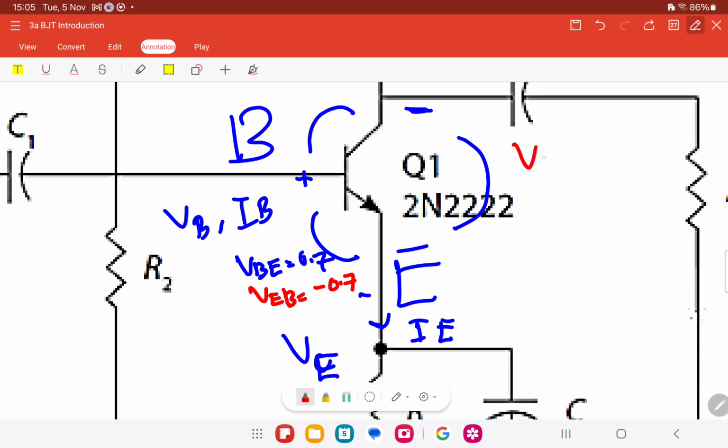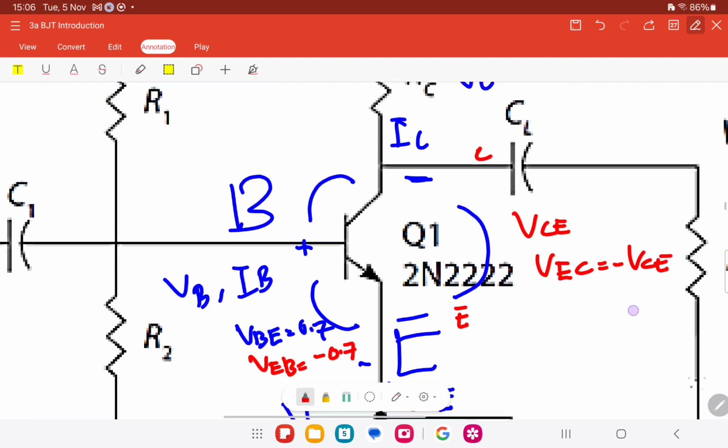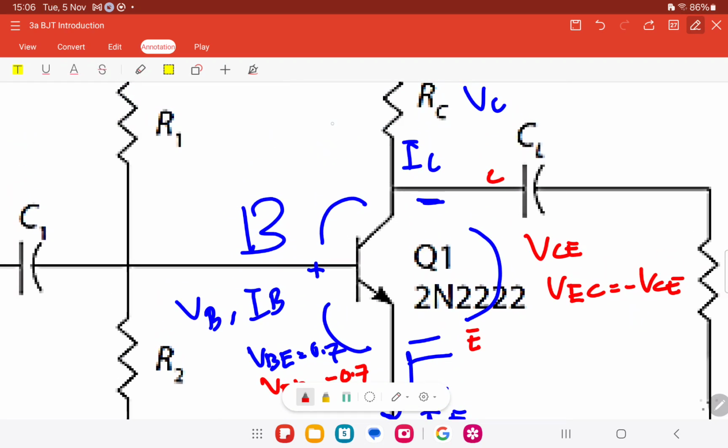For VCE, dekat sini, from C to E, VEC terbalik lah, minus VCE. Okay. And in between base to collector, we have VCB ataupun VBC. Kan, dia sama je.